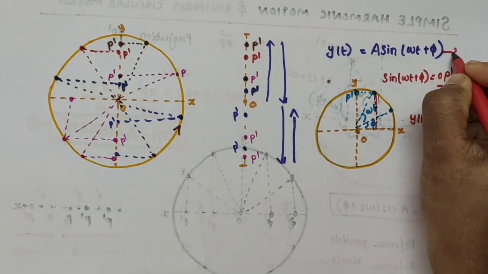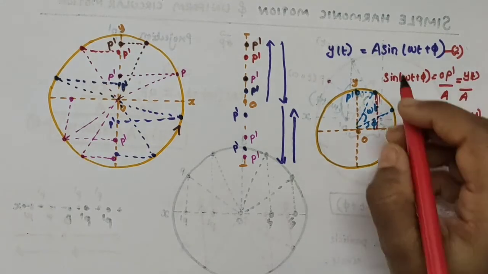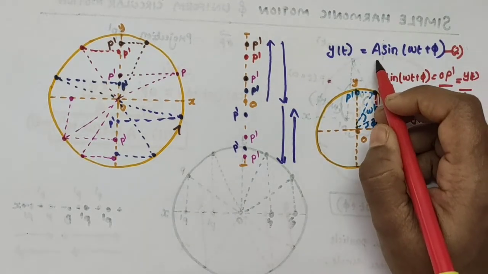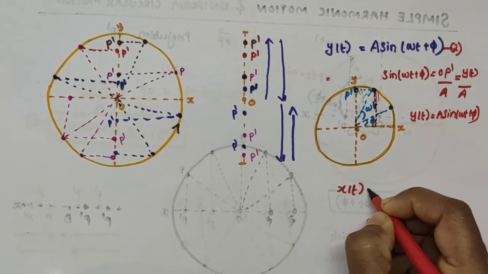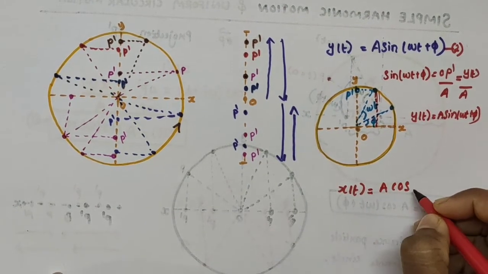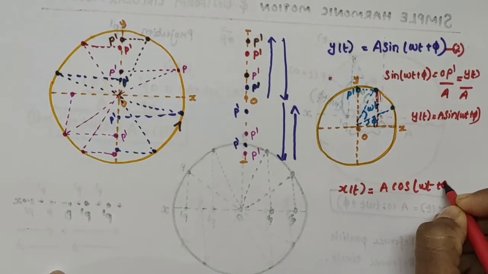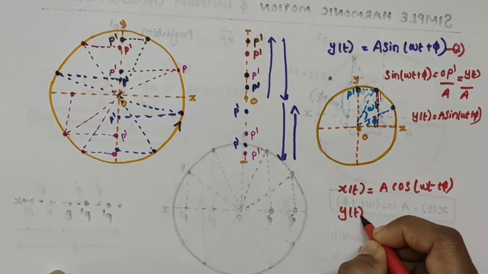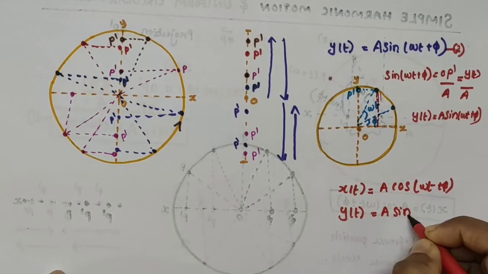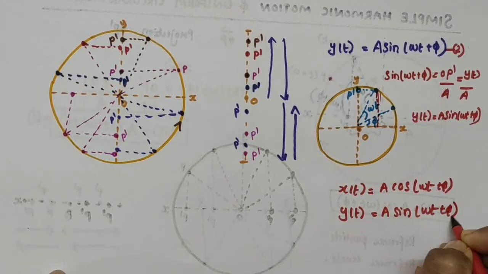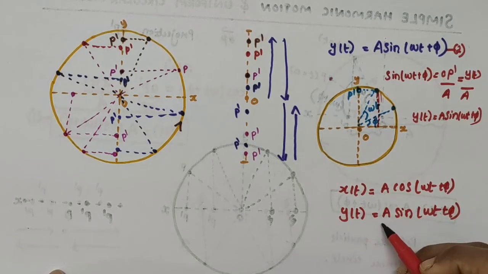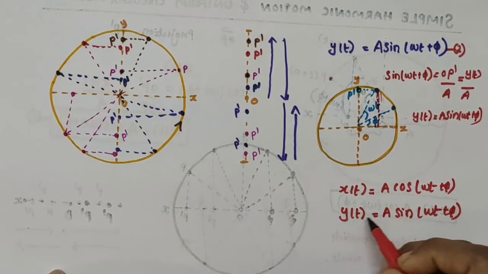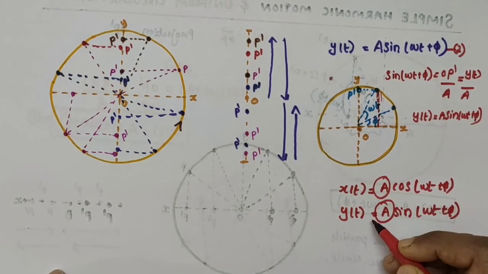I'm taking this as equation number 2. This also defines a simple harmonic motion of the same amplitude, because we got x of t is equal to A cos of omega t plus phi, and y of t is equal to A sine of omega t plus phi. See, the amplitude is the same in both cases, A. So this expression also defines a simple harmonic motion of the same amplitude.